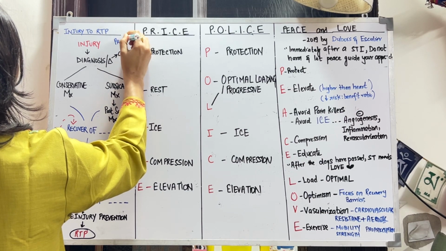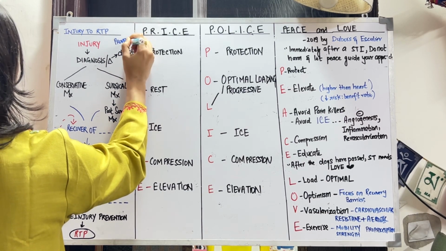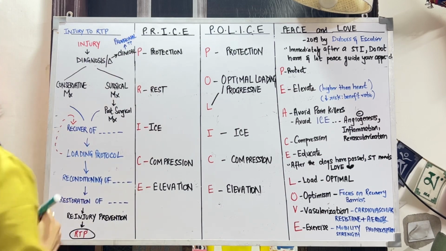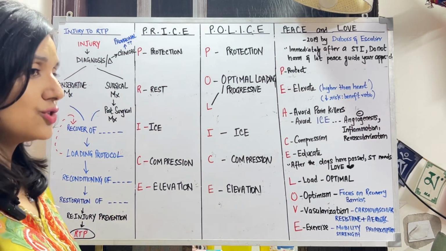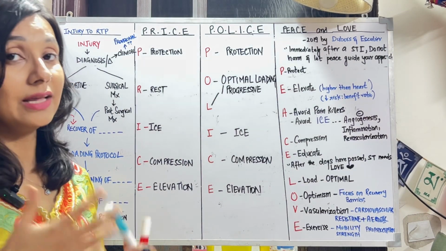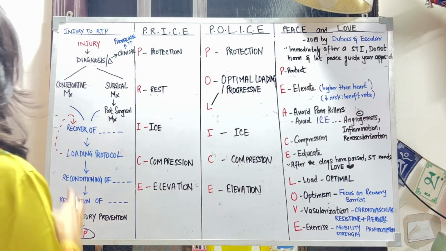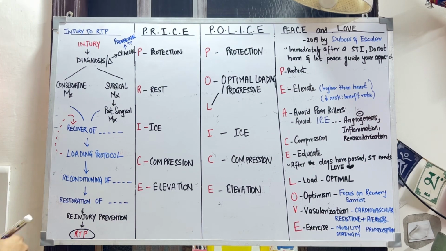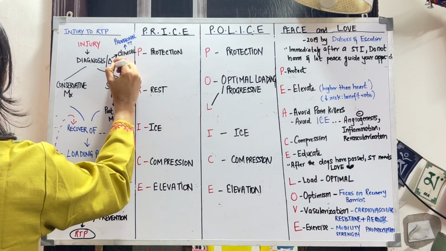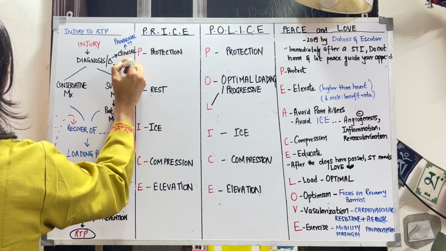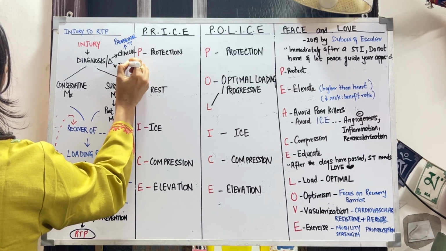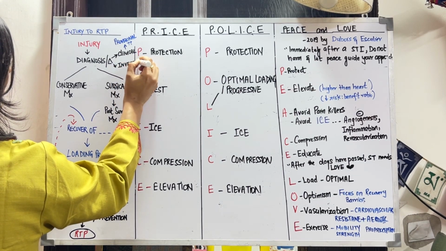Provisional diagnosis simply means that you are expecting that this patient might have an ACL injury, a ligament sprain, or maybe a fracture or a dislocation. But how would you confirm this diagnosis? You have to confirm it by means of certain investigations. What are those investigations?